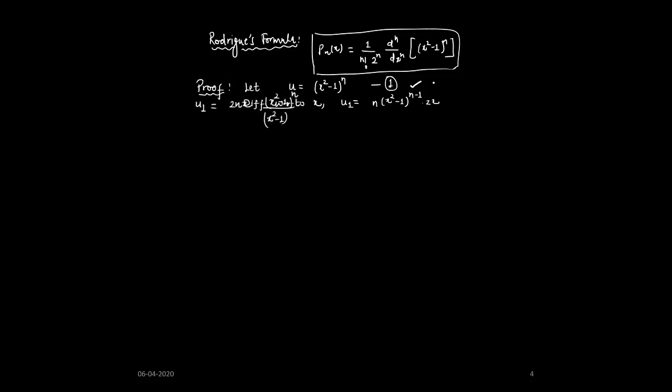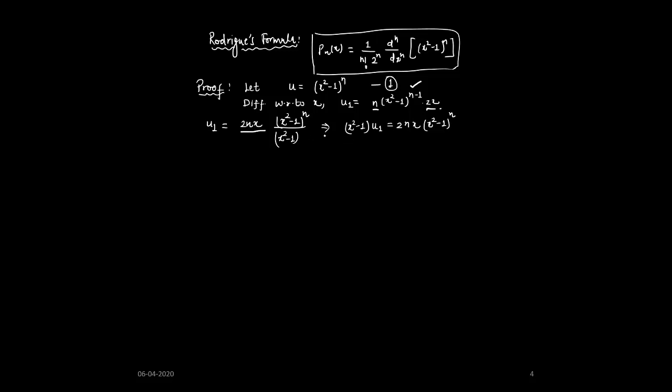Now u1 equals 2nx, taking this term and this term together, times (x square minus 1) raised to power n minus 1. I can write this as (x square minus 1) raised to power n divided by (x square minus 1), right? So I have made some arrangements.